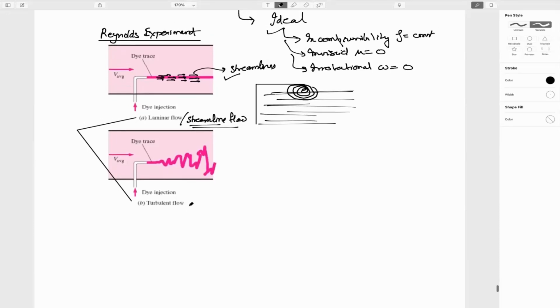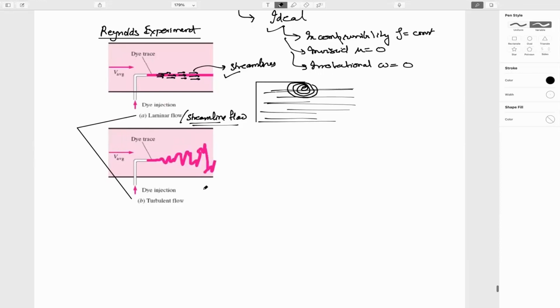And tomorrow, I have some time, so at least I should cover the continuity equation.